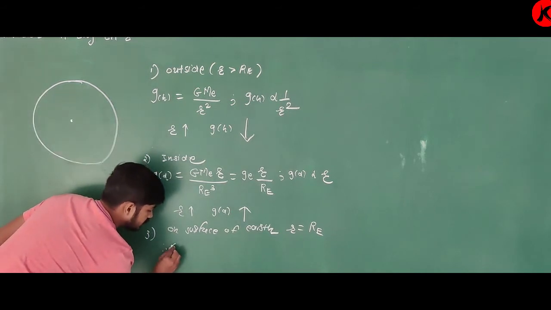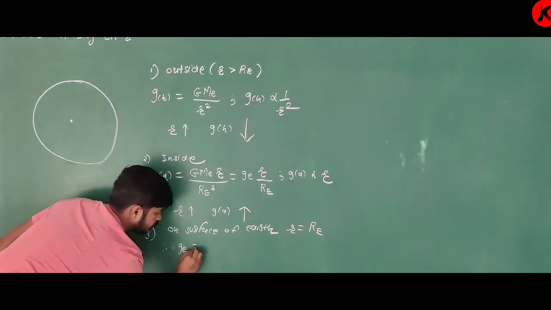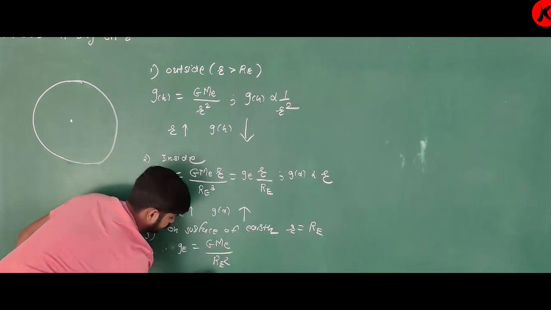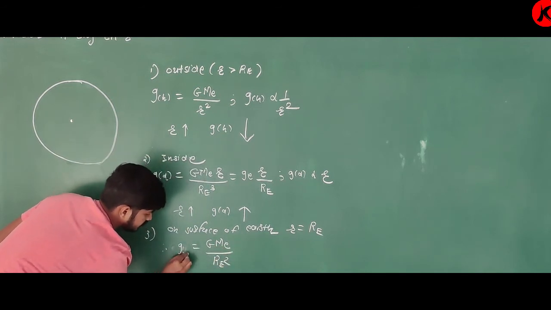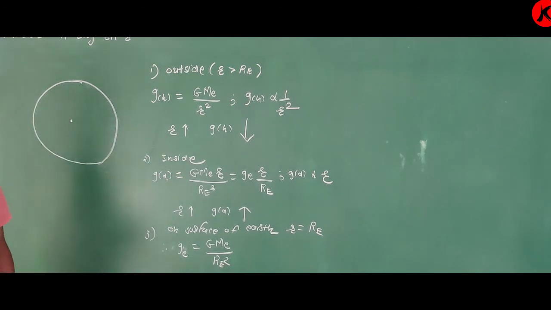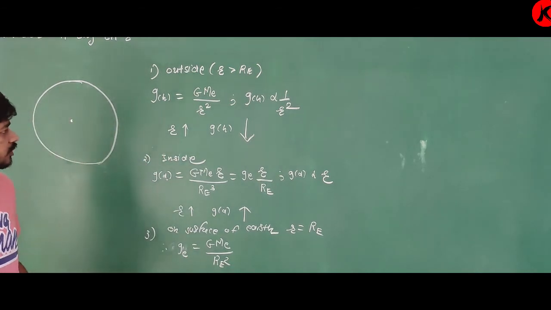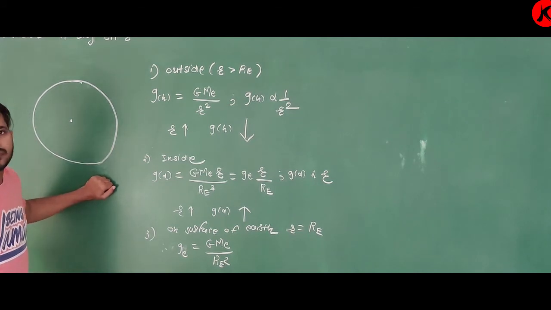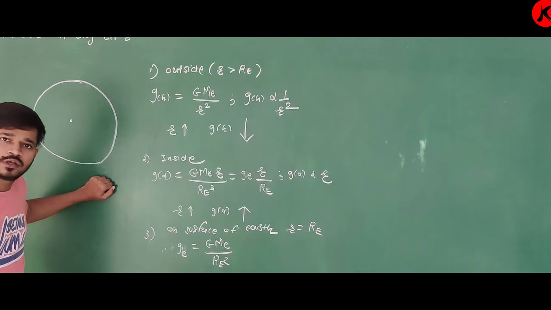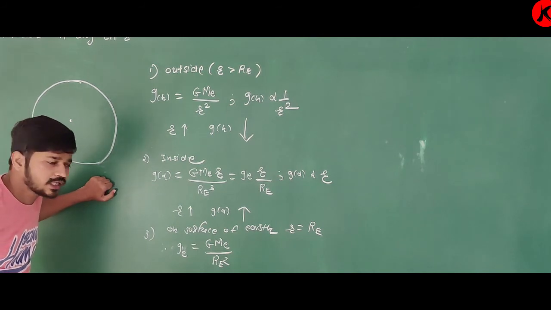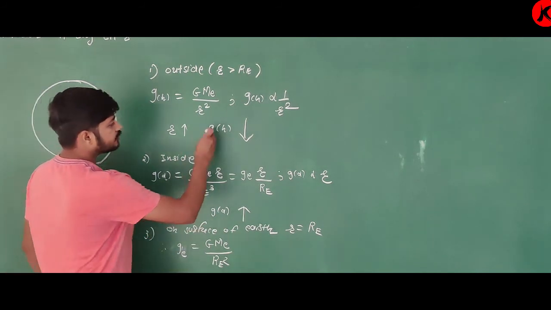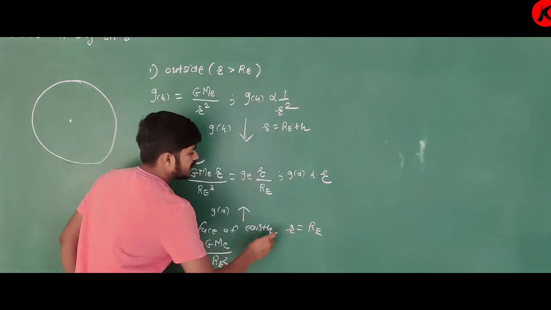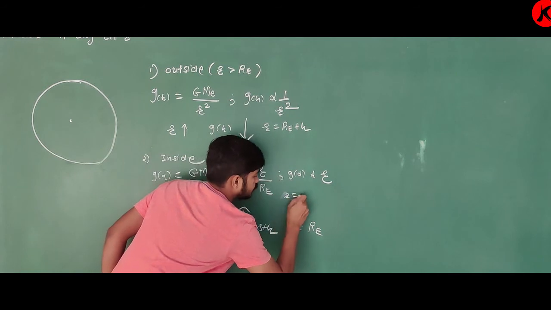So therefore GE is equal to GME/RE². Simple. Clear? So yes, these equations you have to remember. In this case, small r is equal to RE plus H.